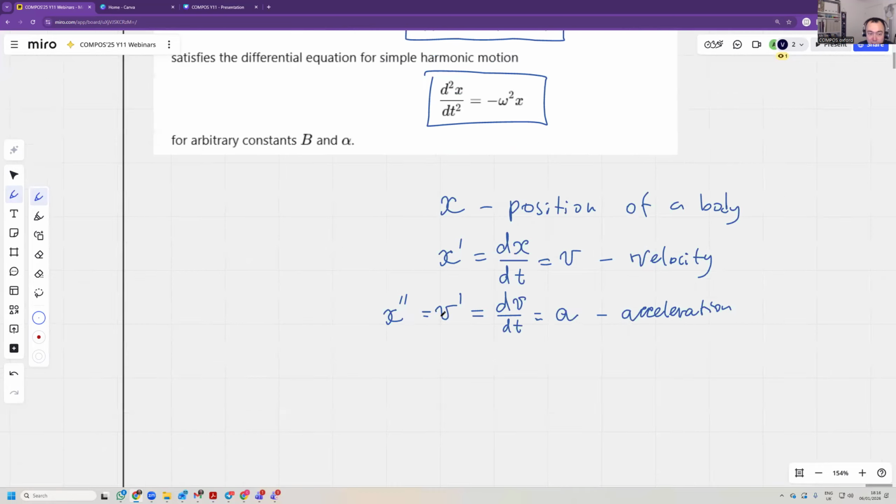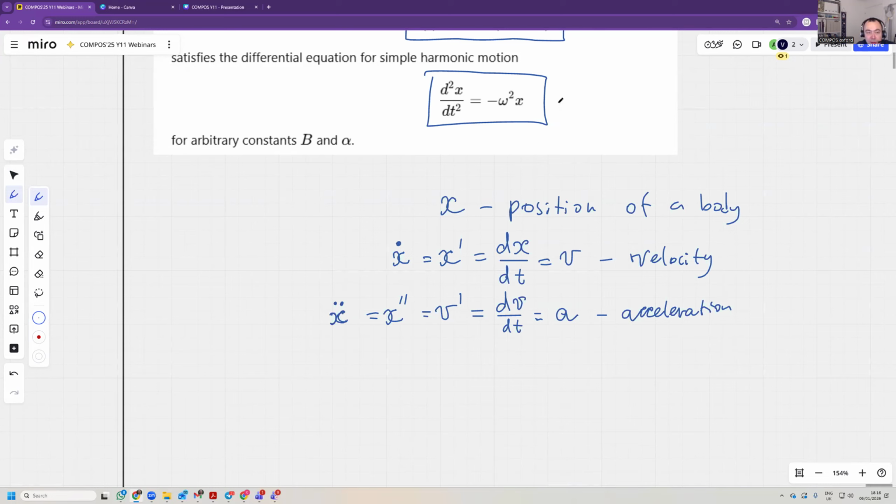When we are talking about the derivative with respect to time, we can replace the dash with a dot. So x dot means x dash or dx dt. These are equivalent, just a convenient way of writing. If you write x double dot, everybody understands that it's the second derivative with respect to time.